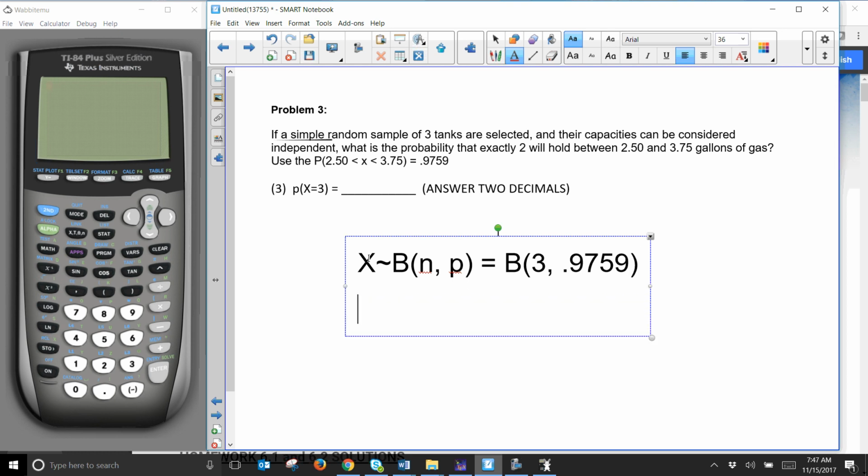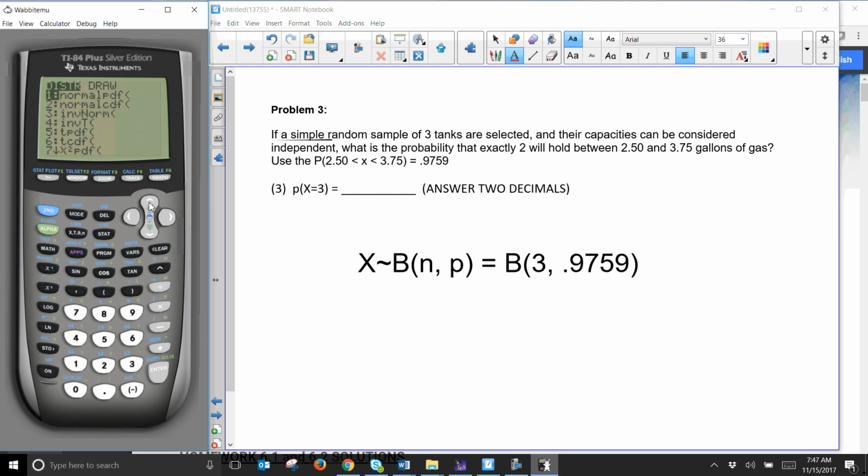Okay, so we use the binomial PDF because this is equals 3, right? So P for the point. So we'll hit second vars and go down to binomial PDF.